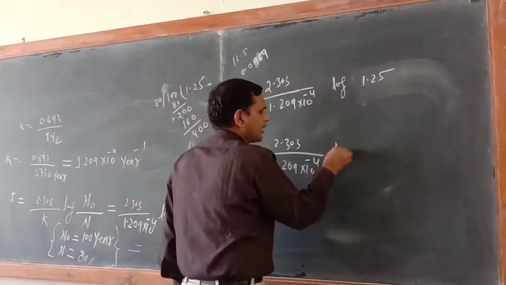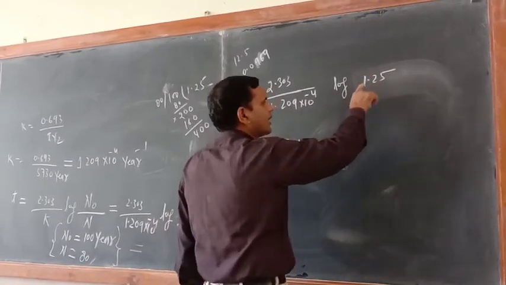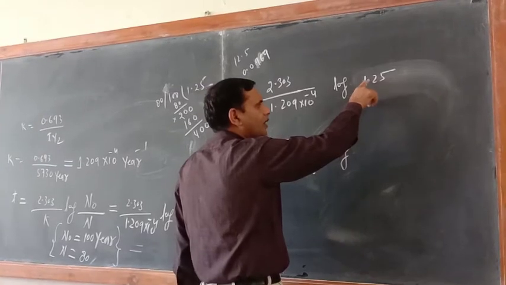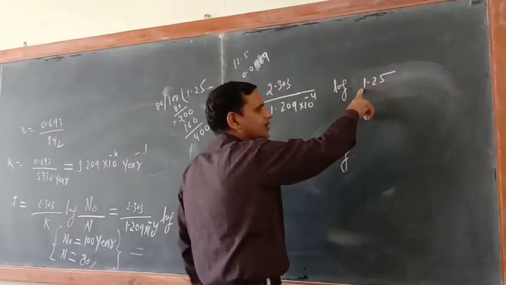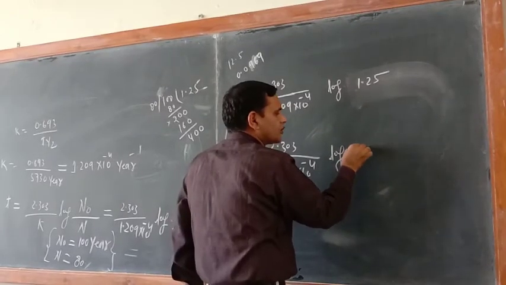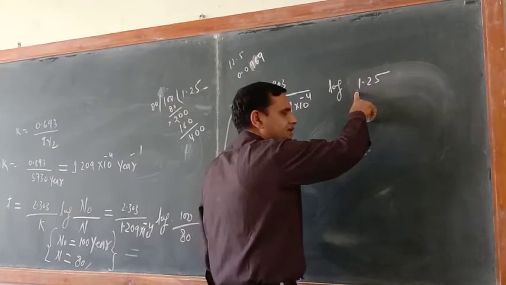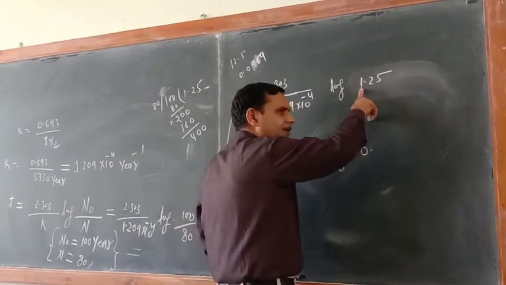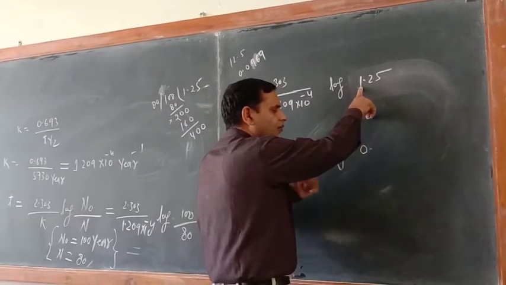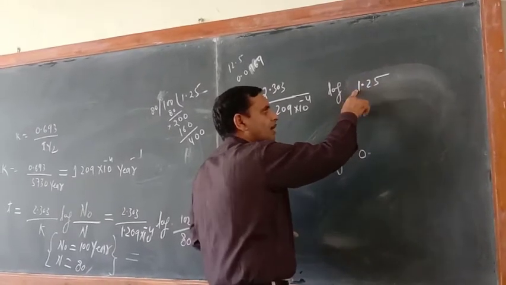Now here, log 12. Just see, before the decimal point, how many digits are there? 1. So if 1 digit is there, you should start with 0. This is the characteristic. If 1 digit is there, 0 point. If 2 is there, 1 point. If 3 is there, 2 point. So before the decimal, 1 digit is there.